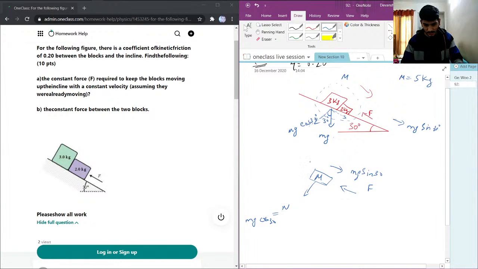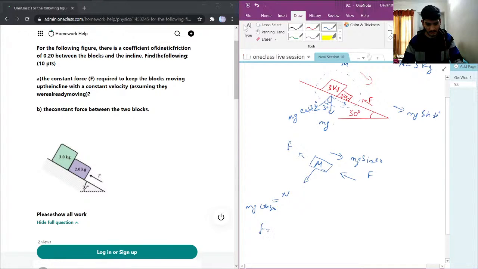Then if the block is moving in downward direction, then there will be friction in the opposite direction. Friction force will be in this direction, in the direction of capital F.